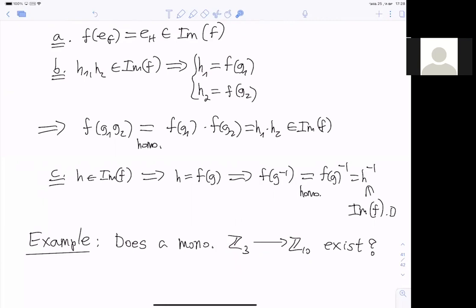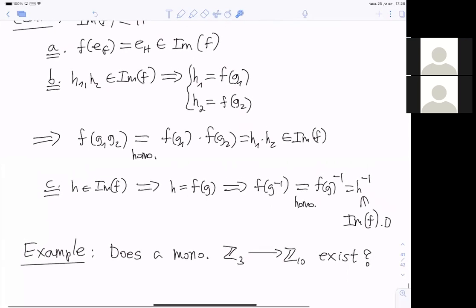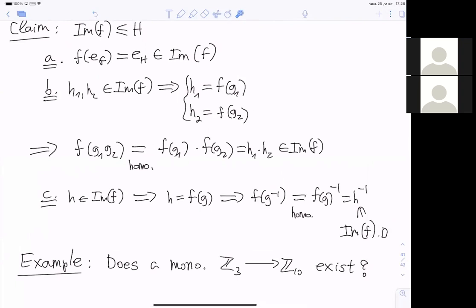Ronnie, can I ask you something about the earlier proof? Yes, of course. I now thought about it, that we didn't show that the image of f is in H. We just showed that this is a group. Sorry, I didn't hear you. Some disconnection. Repeat, please. I'm saying that I don't think we proved that the image of f is in H. We just proved that the image of f is a subgroup.